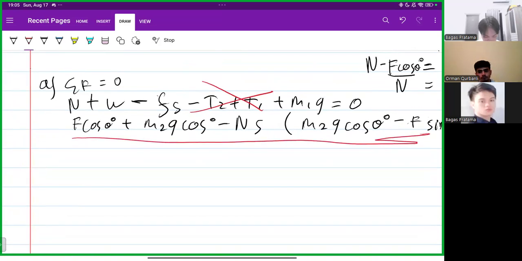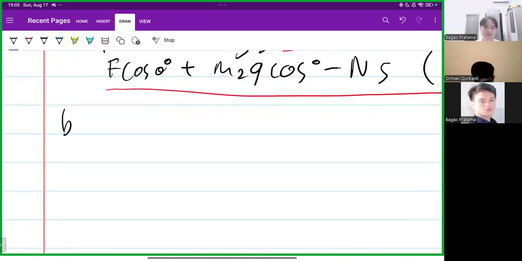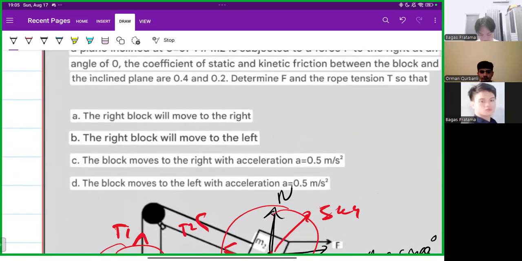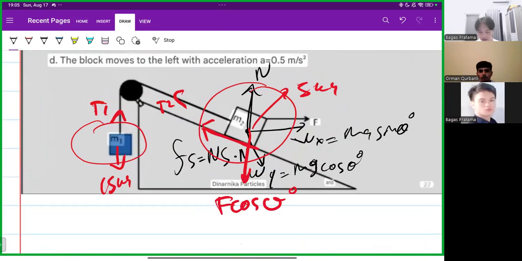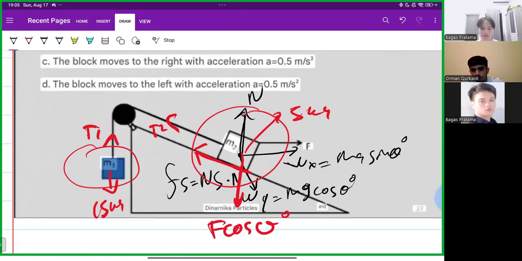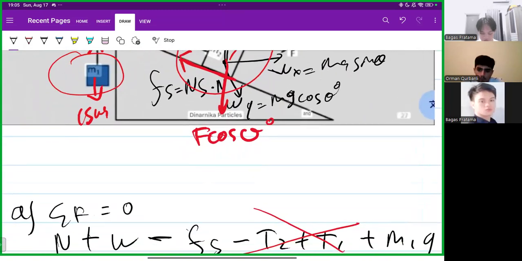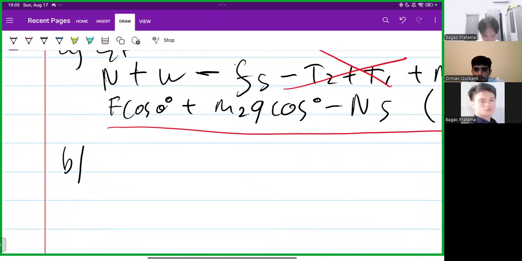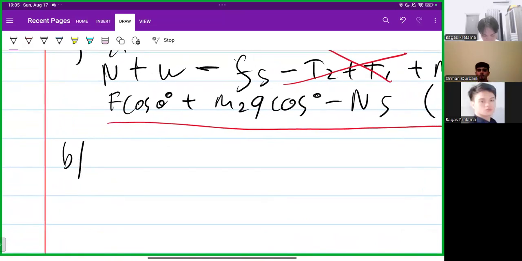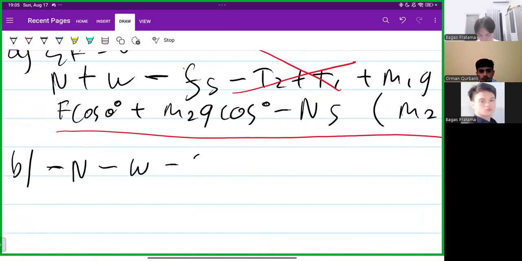And the second is, because this is opposite directions, it's still the same analysis for this object, but because of the opposite direction, we put the reverse of this. So minus normal force minus W minus, I think I have left, okay, it should be minus, not a plus.